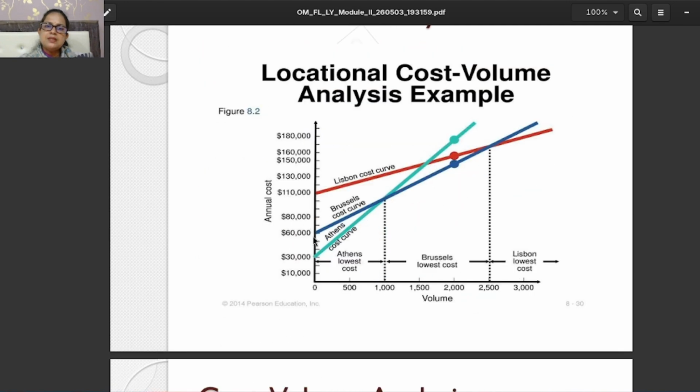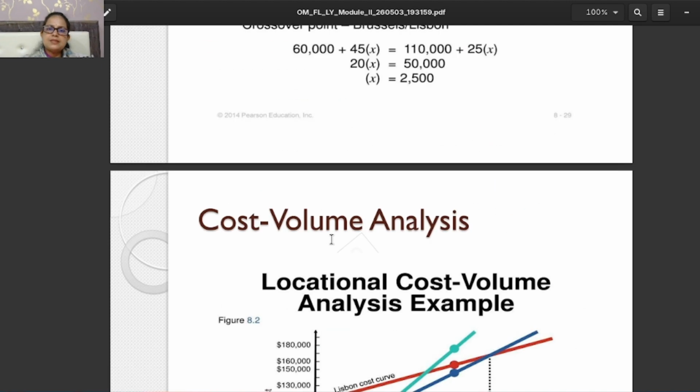This is 60,000, and this is 1,50,000 at 2,000. So one point is 60,000 and the other is 1,50,000. We can draw one line here for Brussels.